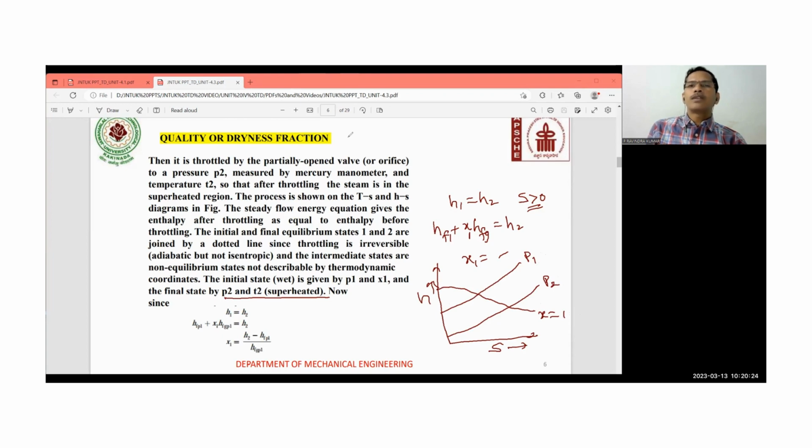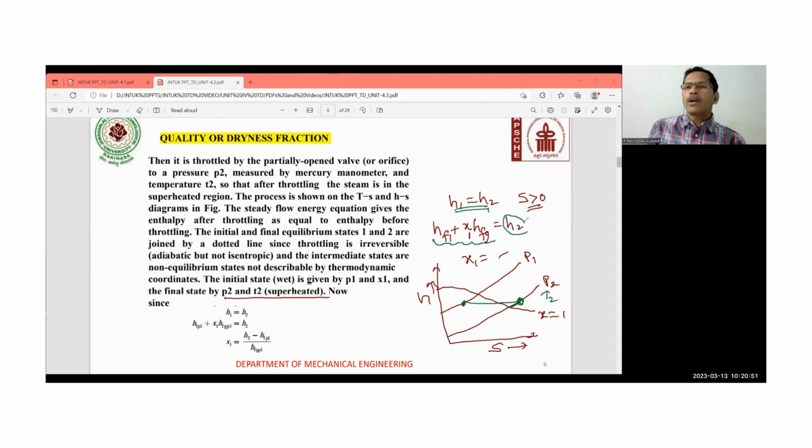When you draw this, this is the point where enthalpy H1 is equal to H2. What is this enthalpy H1? H1 is equal to HF1 plus X1 into HFG, and this is in the superheated region, because this is nothing but the degree of superheat. So this is point 2, that is T2, which is in the superheated region.